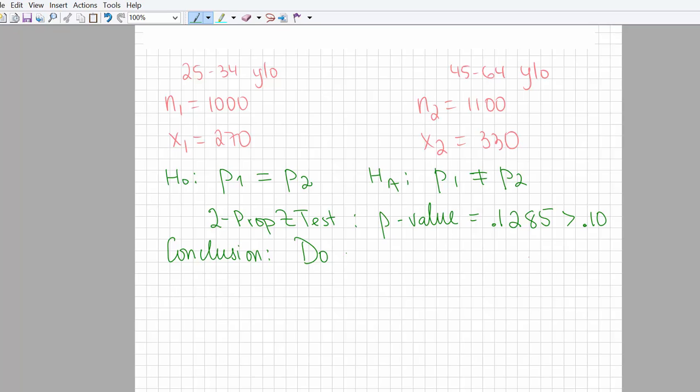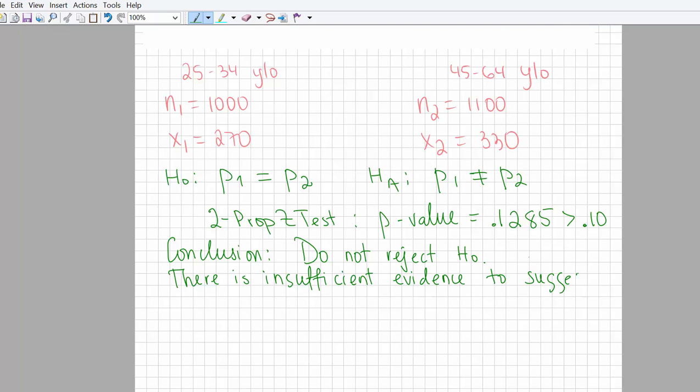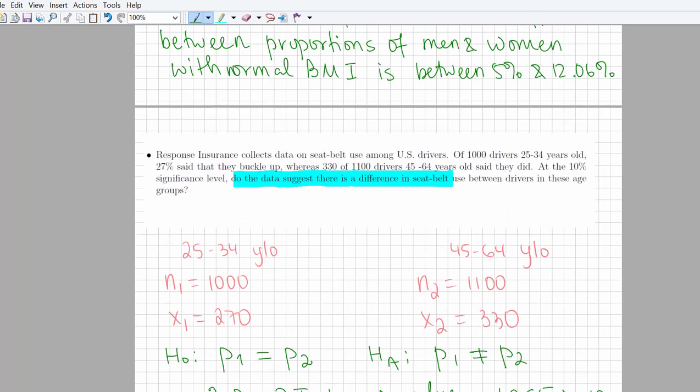Do not reject the null. Do not reject H naught. There is insufficient evidence. There is not enough evidence to suggest what? Well, you can just copy this statement.